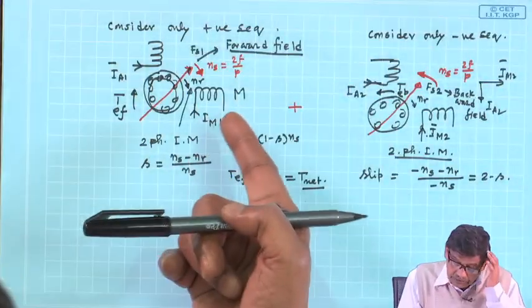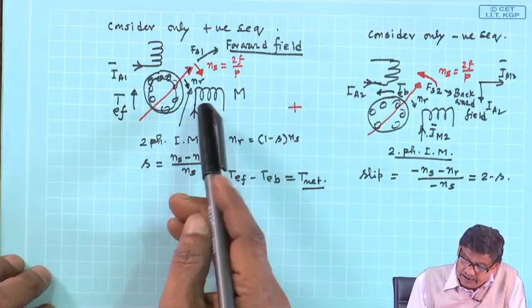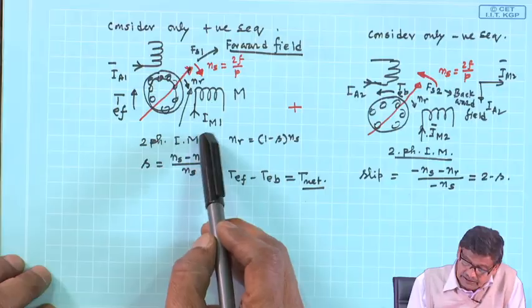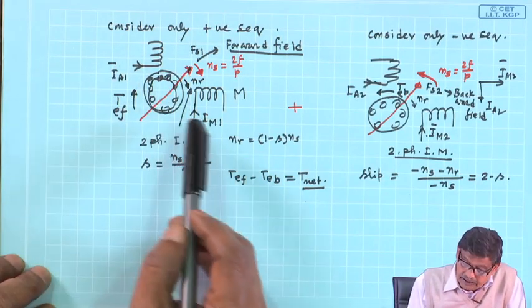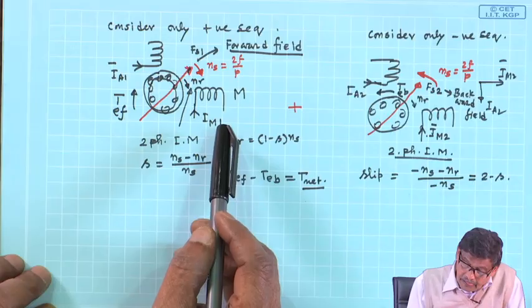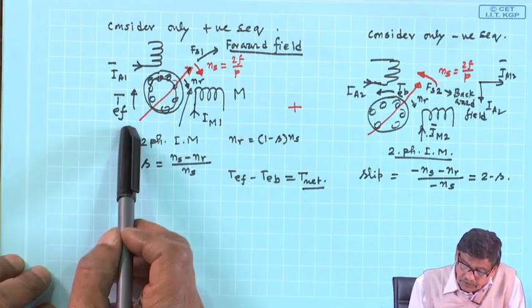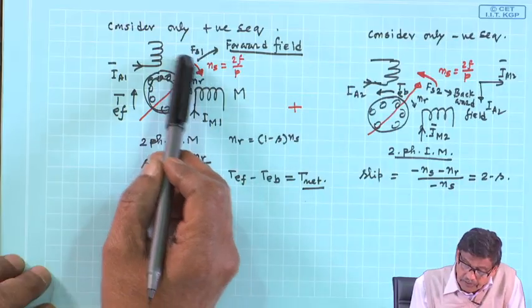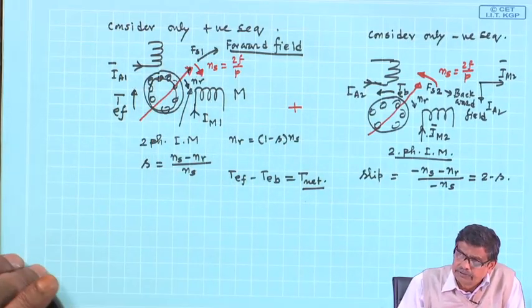Then I have come to this one, and then I am telling, this is the rotor, this is Im1, Ia1, they are now carrying current, and Ia1 is leading Im1. So, the stator field will be moving from leading to lagging, right? This is okay.